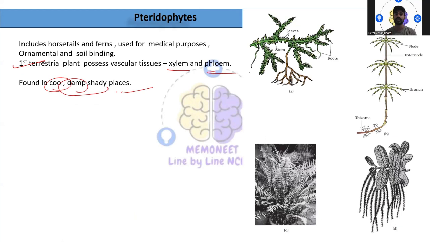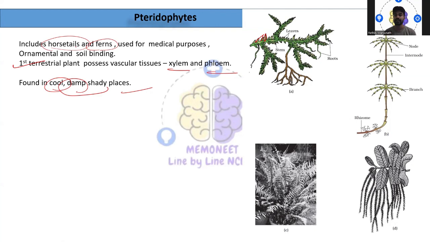Their leaf structure includes ferns and horsetails, and they are used for medicinal purposes, ornamental value, as well as soil binding. This is the basics about the pteridophytes.